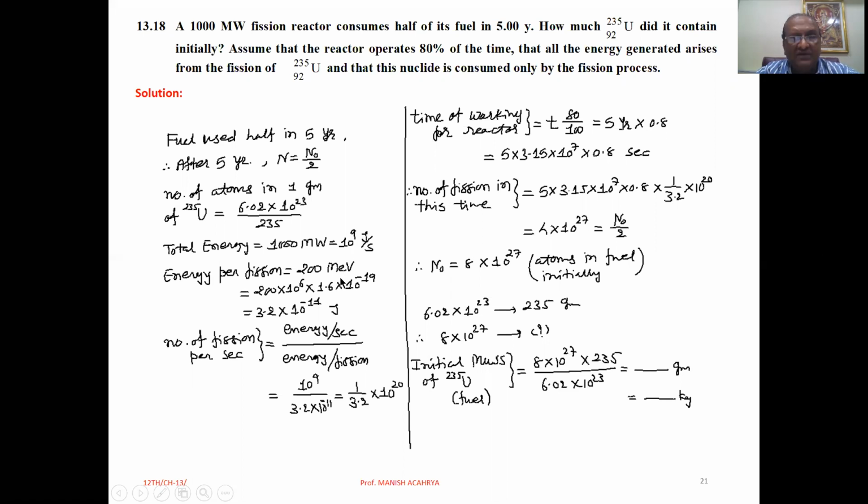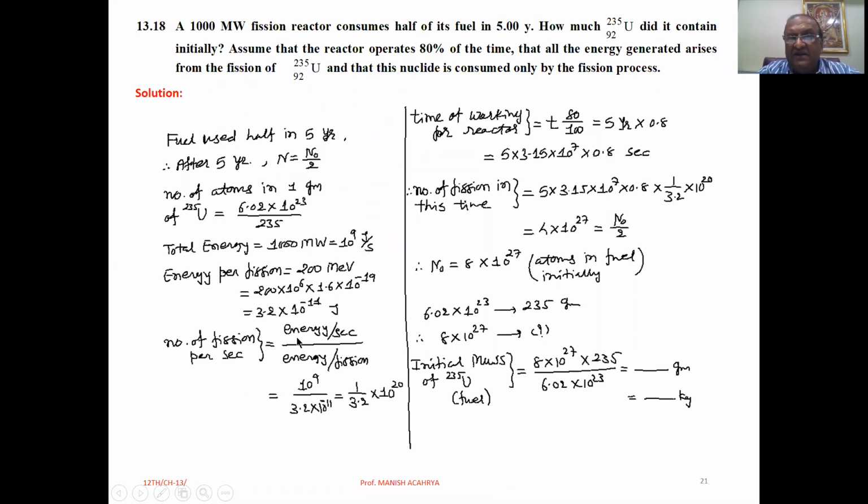This one is taken from the theory which we discussed. So 200 into 10 raised to 6 into 1.6 into 10 raised to minus 19. So the energy released per fission is 3.2 into 10 raised to minus 11 joule. Now we have the energy per fission as well as the energy per second for the reactor.